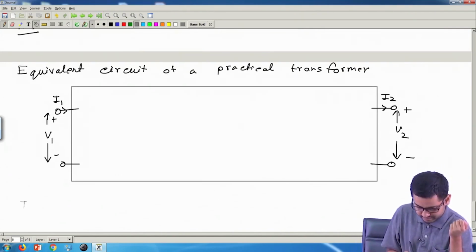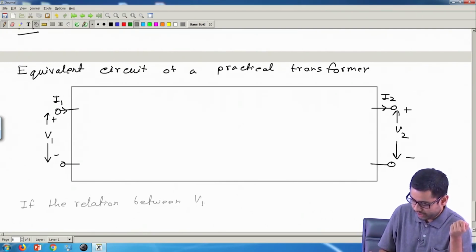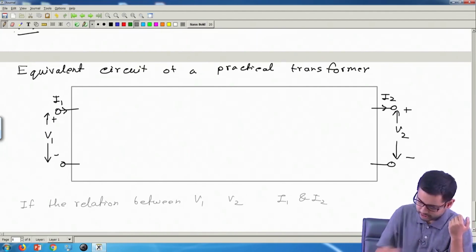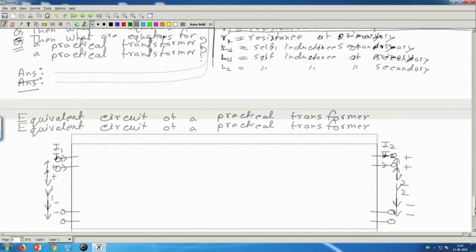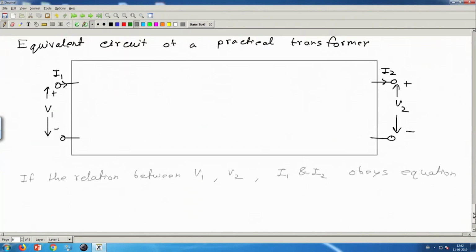So if V1, V2, I1 and I2, everything together, obeys equations 1 and 2, then we call this black box an equivalent circuit to the practical transformer.